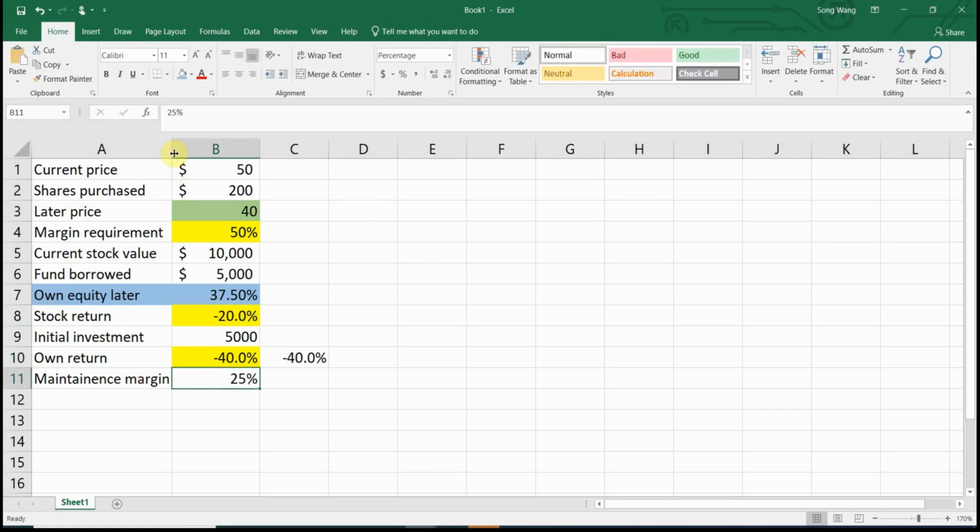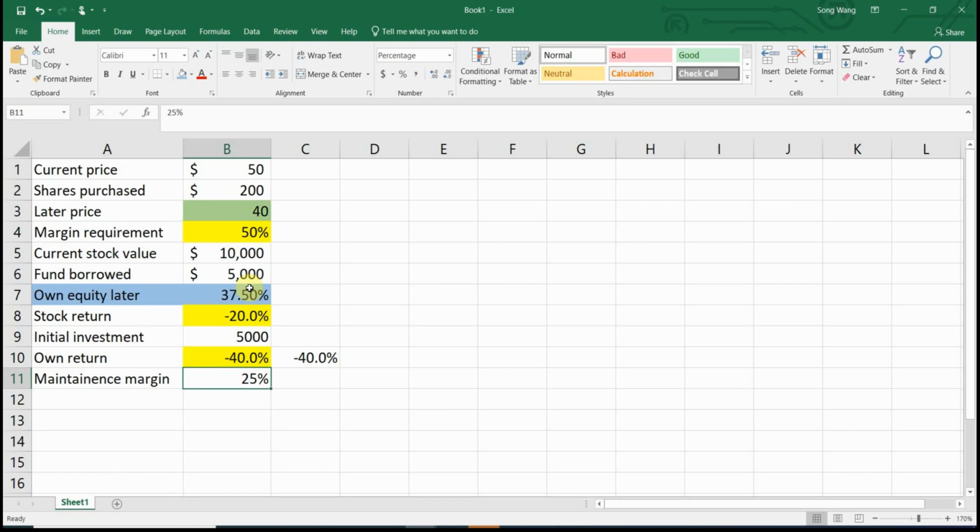So 25% basically is when this number drops to 25%, and that's the time that your position will be automatically liquidated. They don't wait until your own position drops to zero. So for example, if it dropped to $10, then your own position can be negative 150.